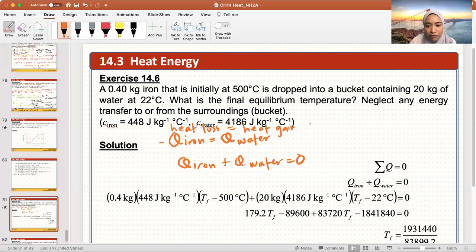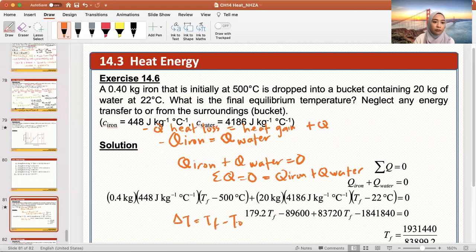So heat gain means positive Q, heat loss means negative Q. So minus Q iron equals Q water. Or if you like to use this equation, net Q equals 0 equals Q iron plus Q water. That's also fine. And your delta T will always be T final minus whatever temperature of your substance. So don't flip it.